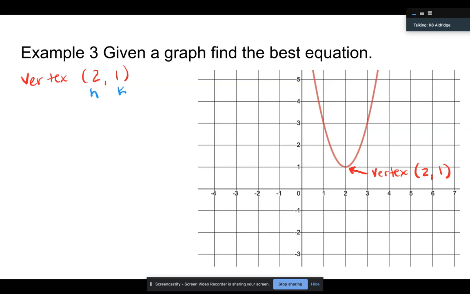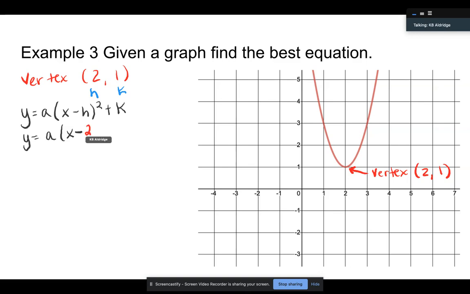So let's substitute it into our equation. Y equals a times the quantity, x minus h squared plus k. So here we go. Y equals a times x minus whatever our h is. Our h is 2.